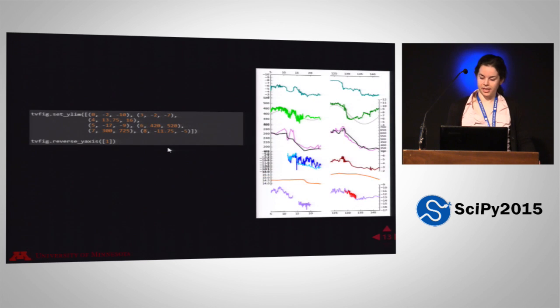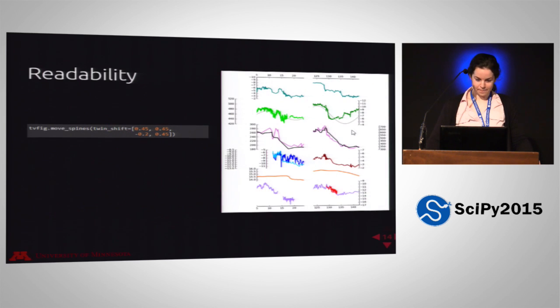Okay, so now you notice that this plot is really starting to look good, but you can't read the axes. It's impossible. So there are 2 features in TrendVis that will greatly improve the readability of your axes. One is just move the spines out of the way of each other.